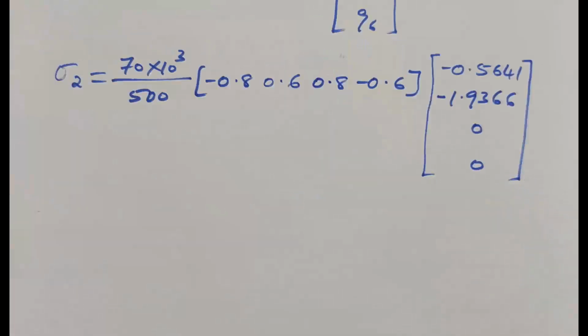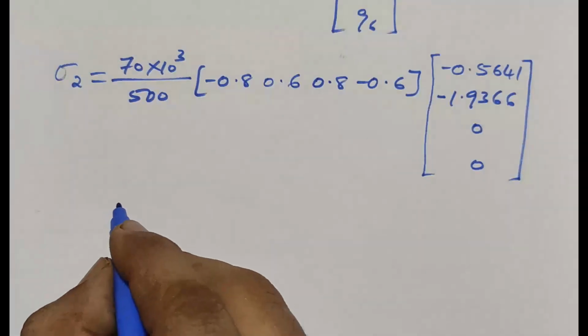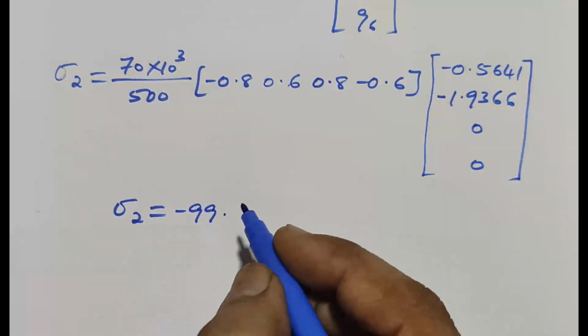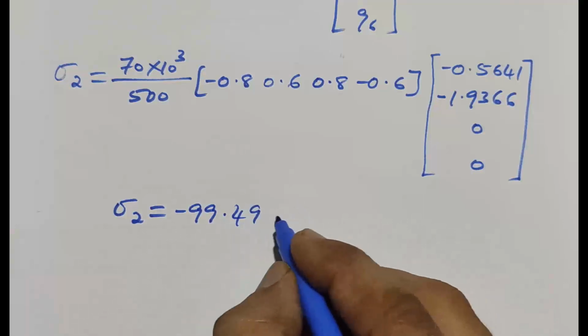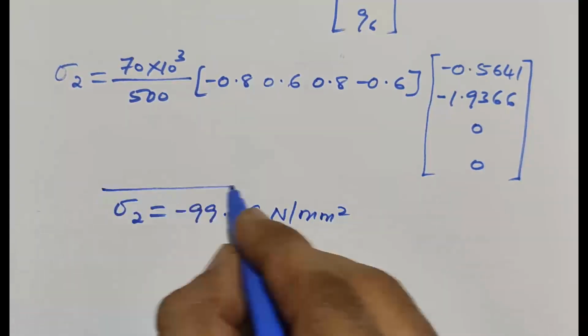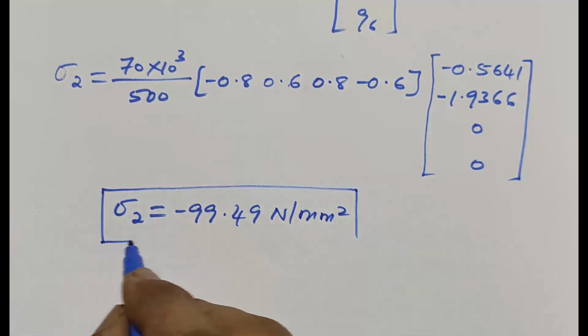If you simplify this, you will get sigma 2. Sigma 2 is equal to minus 99.49 Newton per mm square. This is stress in second element.